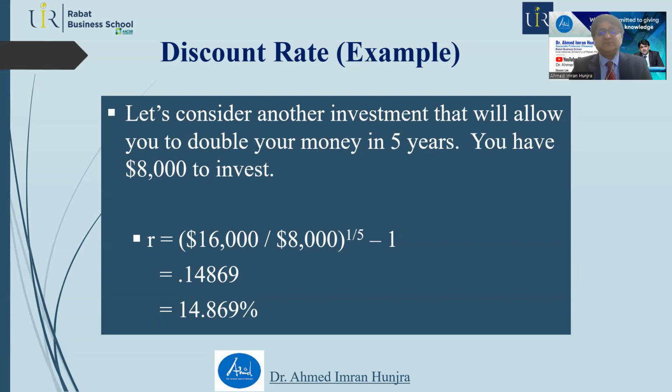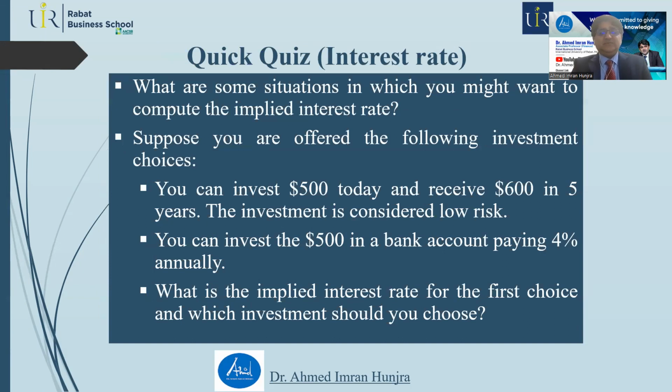So in this case we can interpret: if I want to double 8,000 in 5 years, then the implied rate of return or discount rate should be 14.869%.